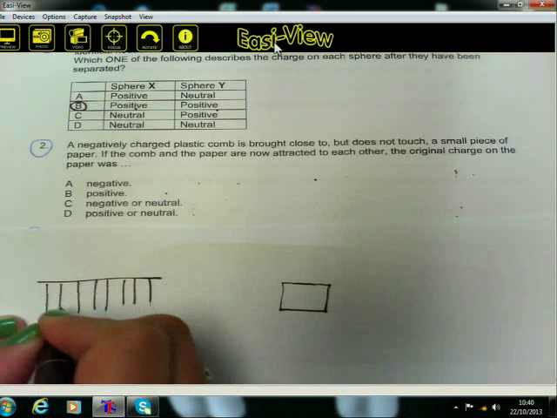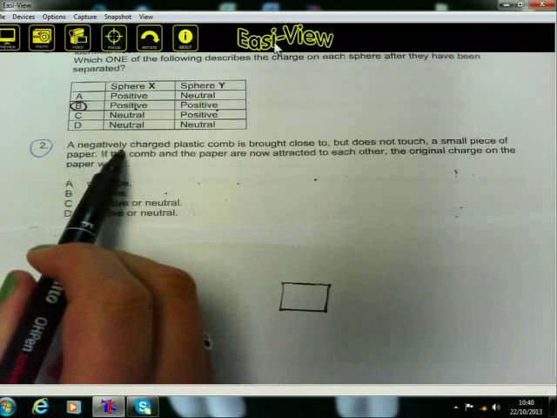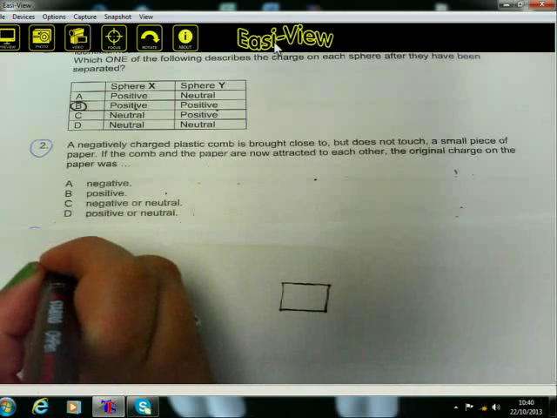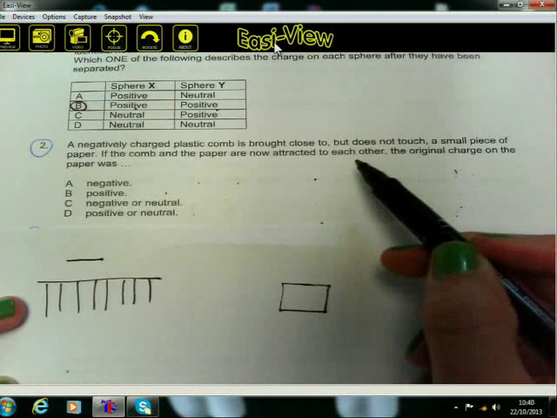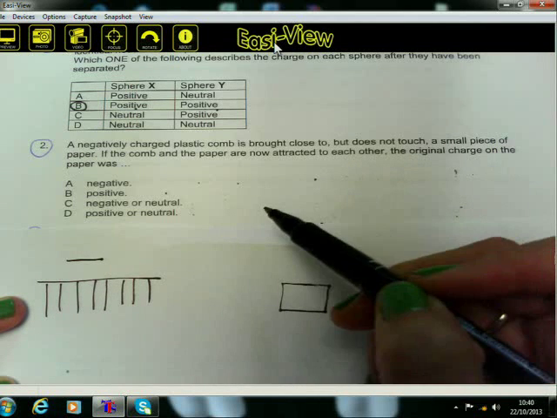And the comb was charged, a negatively charged plastic comb. So this one was charged negatively. It is brought close to but does not touch a small piece of paper.